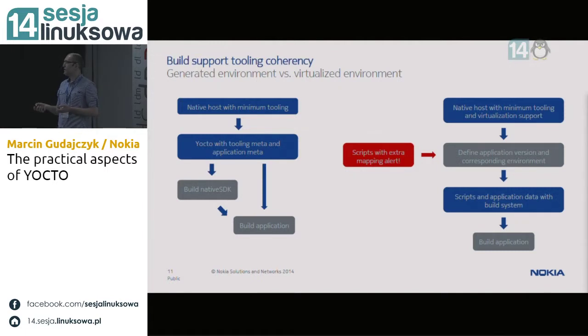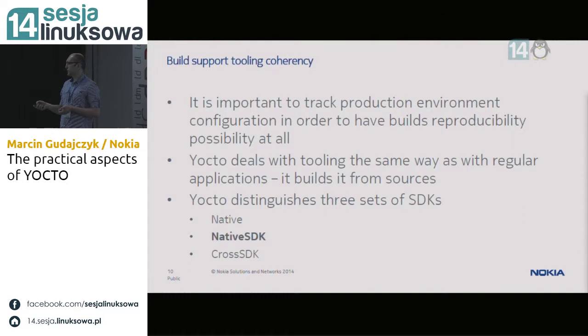So on the left side, we have the Yocto approach. The dark blue elements are some kind of objects. For example, this is the native host with minimum tooling, and by the minimum tooling, I mean the native. The native is a set of tools which will have to be provided on the host itself.